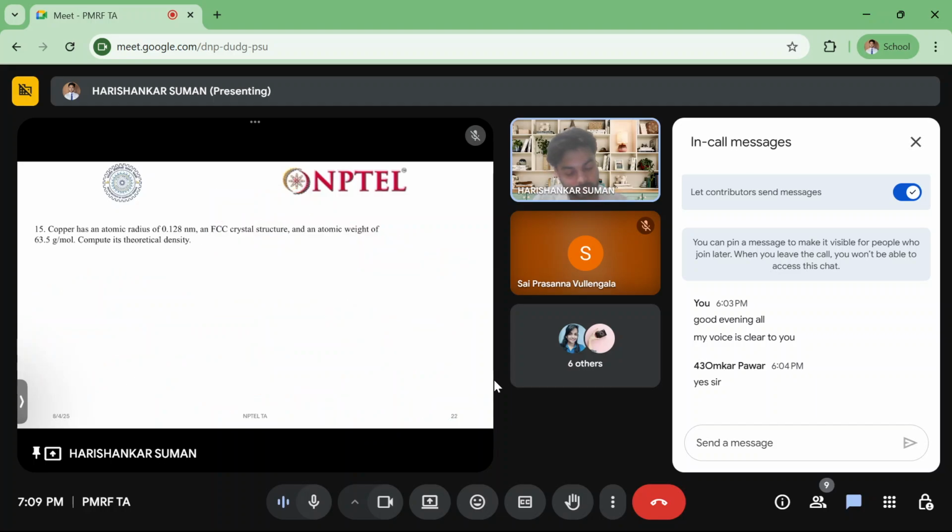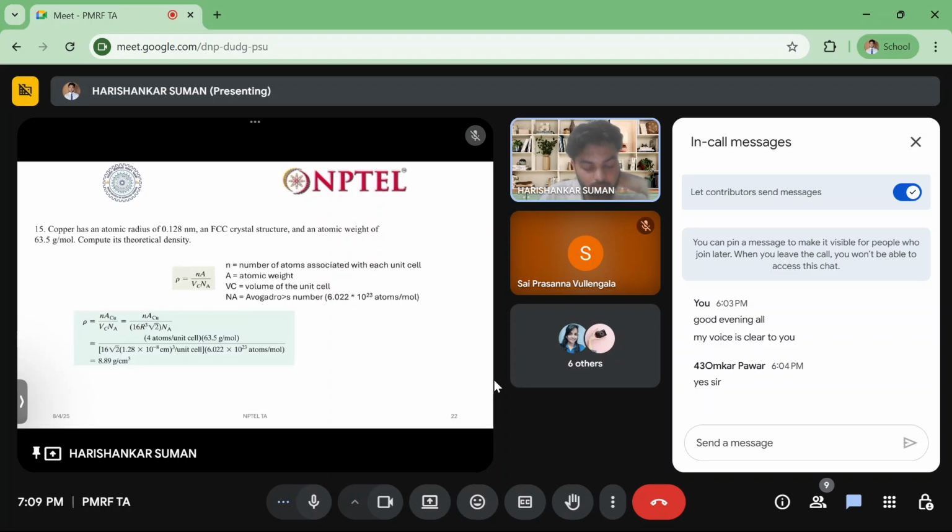Next question, please see. Copper has an atomic radius of 0.128 nanometer in FCC crystal structure and atomic weight of 63.5 gram per mole. Compute the theoretical density. So please use these formulas.